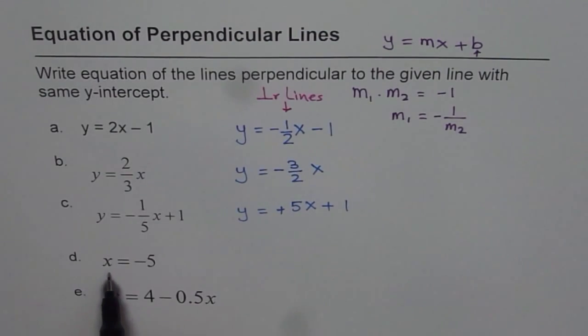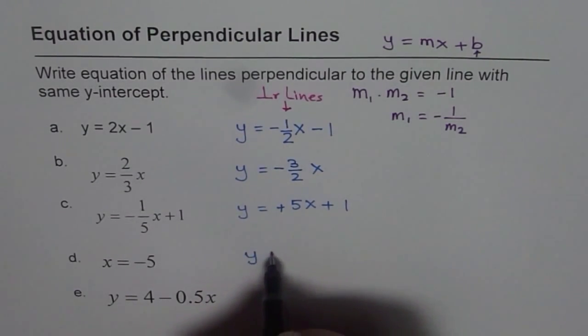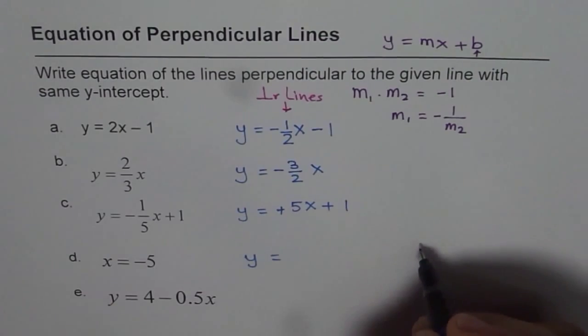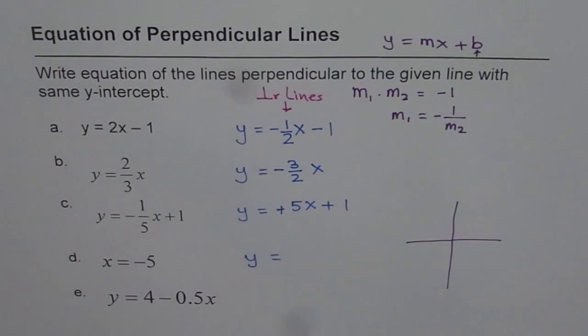Now this one here is x equals minus 5. This is a vertical line, and in this case the slope is undefined. So slope of a horizontal line will be 0, and we write that as y equals, now in this case there is no y-intercept. I think you have to understand that part. So it's a variation to the question.